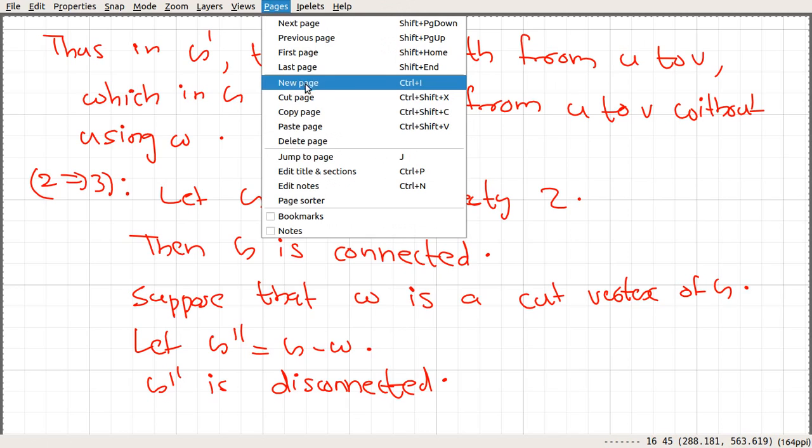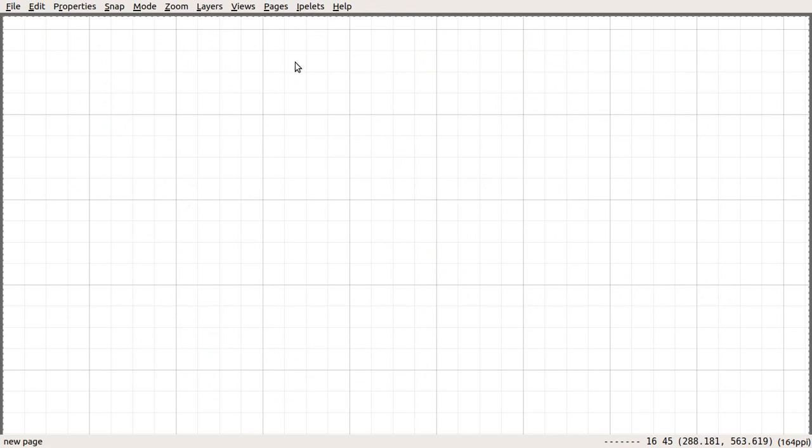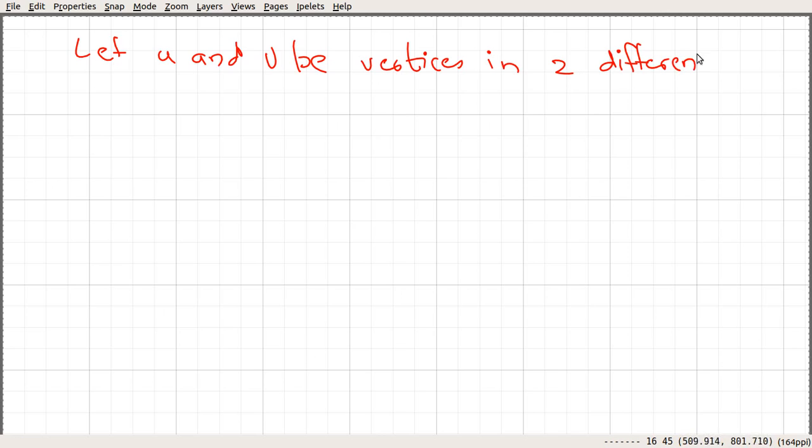Let U and V be 2 vertices in different connected components. We know that G double dash is disconnected, so there will be at least 2 connected components, and let U and V be vertices in 2 different connected components in G double dash.